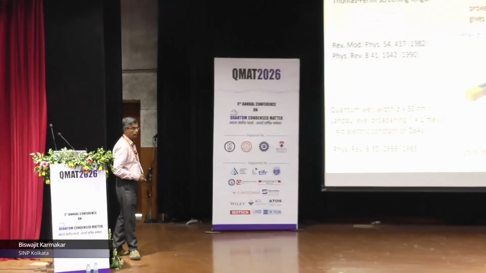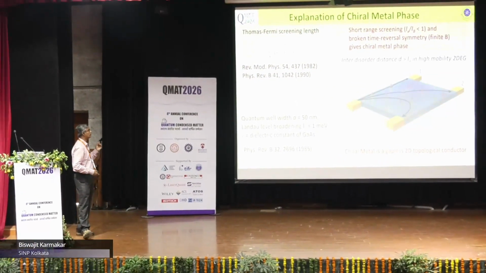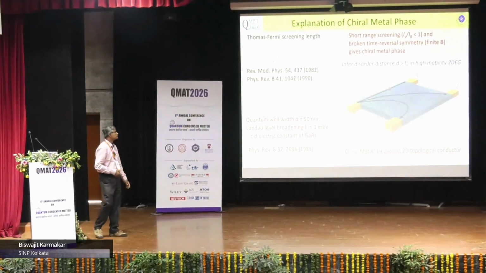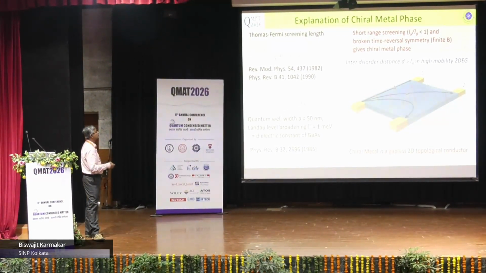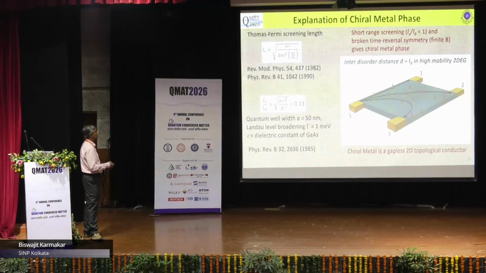Now, the physics. What is the physics behind it? Is it classical or quantum mechanical? This is the Thomas-Fermi screening for a 2-dimensional electron gas. This is the screening length, a is the well width, and dN/dmu is the density of states. This has been calculated by Ando in these papers.